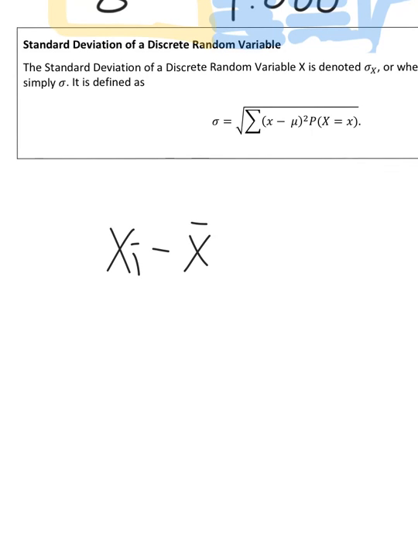Step 2, we took differences. Actually, the difference was the distance from the mean, from the center. And then, step 3, we took the square. Step number 4, take the sum. Step 5, divided by n minus 1.